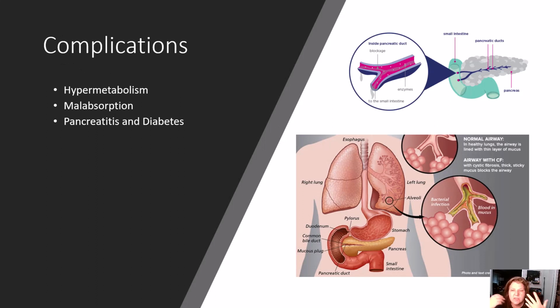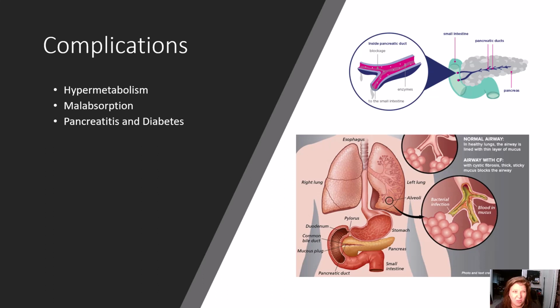So in this particular disease state, because so many things are altered, breathing, digestion and absorption, sweating, these are all functions that are not working properly, and in order for the body to try to make up for these functions, it's working in overtime, which means it needs more calories. It's hypermetabolic. So we are going to have a need for more calories.